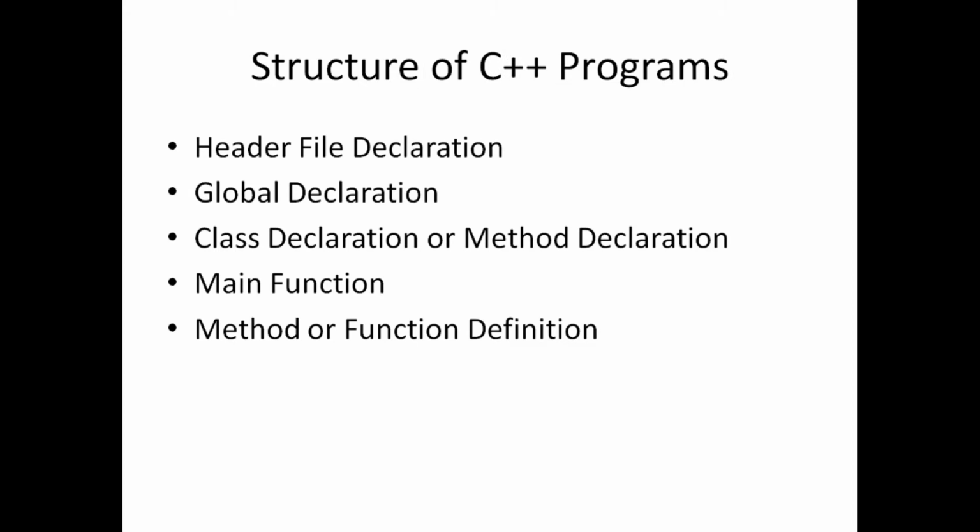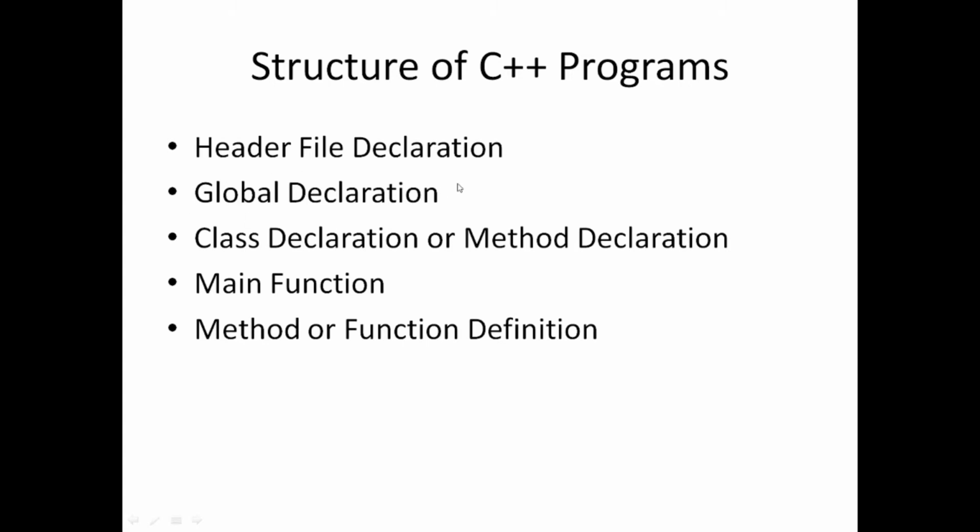Then the structure of a C++ program. How do you write a C++ program? Before starting the actual programming in C++, I will give you a small introduction about the structure of a C++ program. That is, header file declaration. That means first you have to declare the header file, then global declaration.